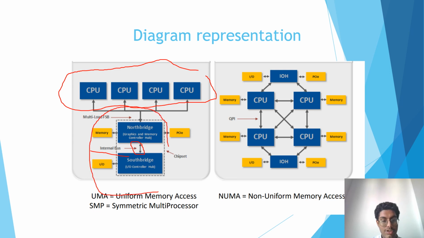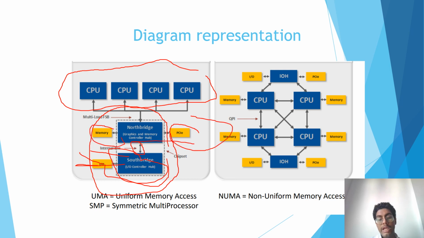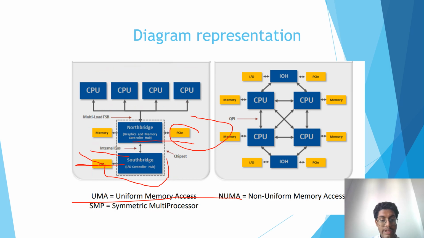This whole square thing which is given is known as the chipset. The south bridge is for the input output controller, whereas the north bridge is for graphics and the memory controller hub. Now these are the PCIs. Here is the memory. Here UMA seems a pretty simple diagram.